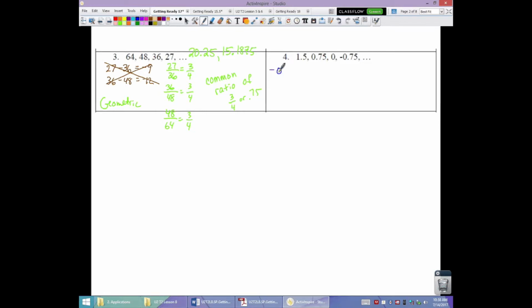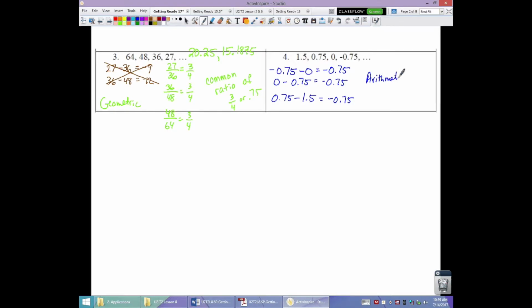So if we start from the back, negative 0.75 minus 0 is negative 0.75, 75/100. 0 minus 75/100 is negative 75/100. And 75/100 minus 1.5 is negative 75/100. So we have decided that this is arithmetic.